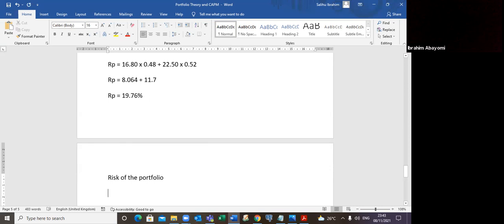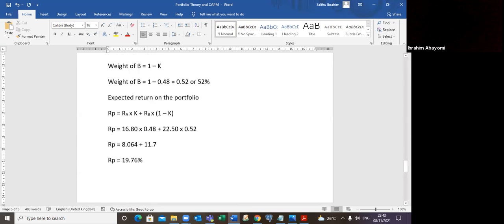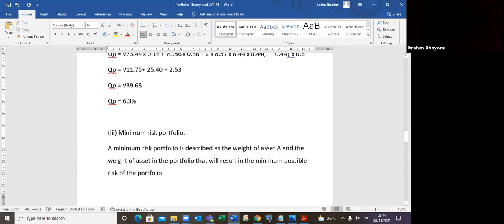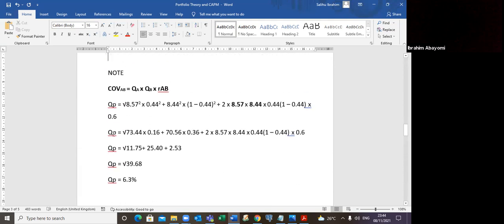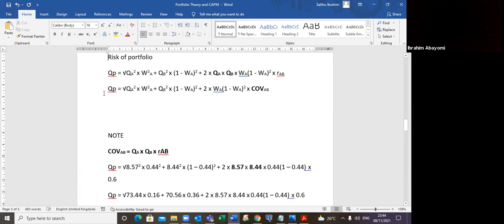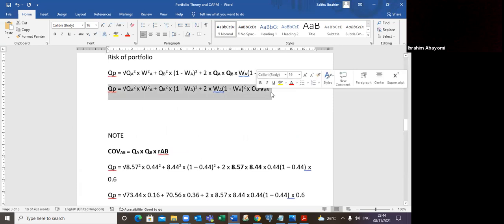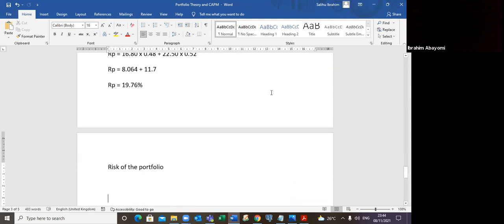So the risk of the portfolio, you already know how to compute that. This is the same formula I'm bringing down. But it's now the risk of the new portfolio.